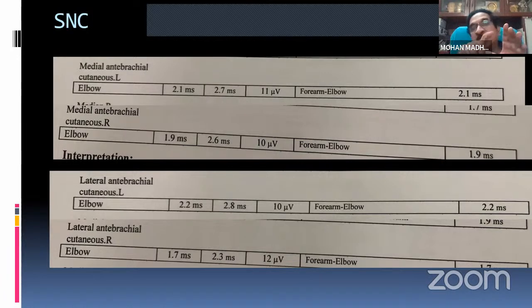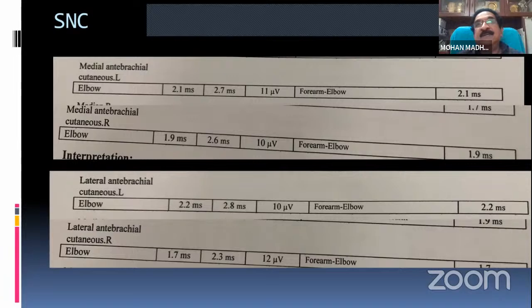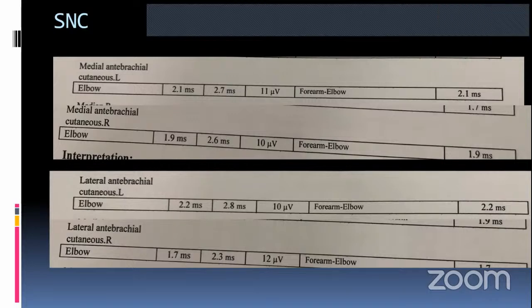In fact, that root is formed by the anterior primary rami after both are joined together. The root of the brachial plexus is formed by the ventral primary rami of C5 to T1. But unfortunately, that is also called the root. The SNAP can be absent after the ganglion, anywhere after the ganglion. Are you following what I am trying to say?